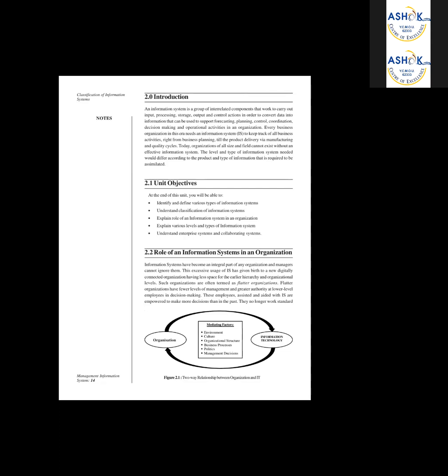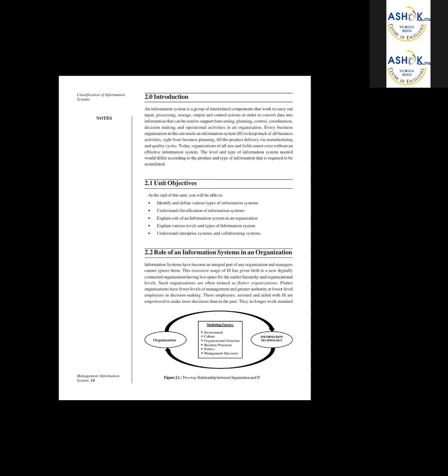First one, role of an information system in an organization. Information systems have become an integral part of any organization and managers cannot ignore them. This extensive use of information systems has given birth to a new digitally connected organization with less space for hierarchy and organizational levels.